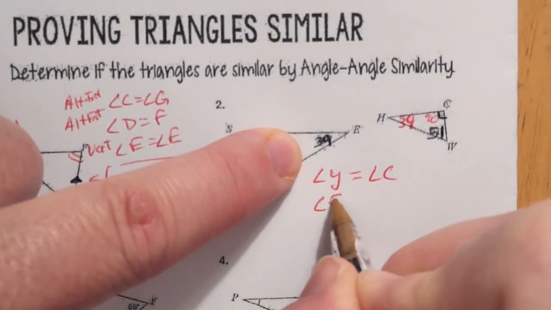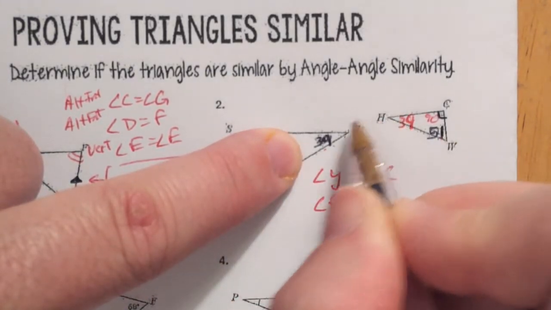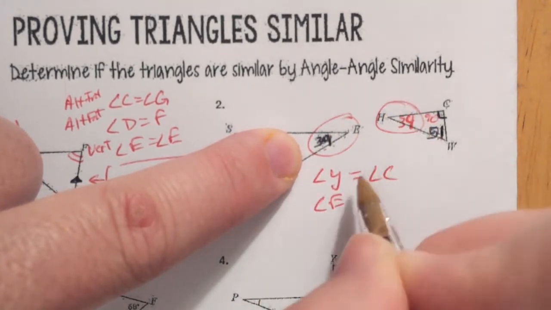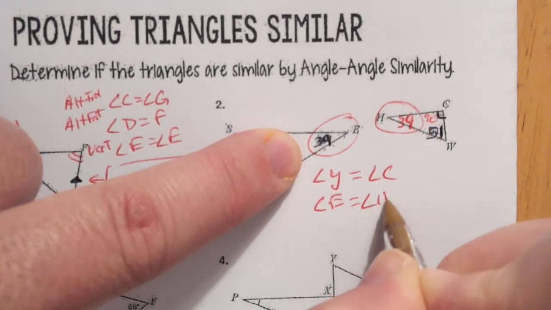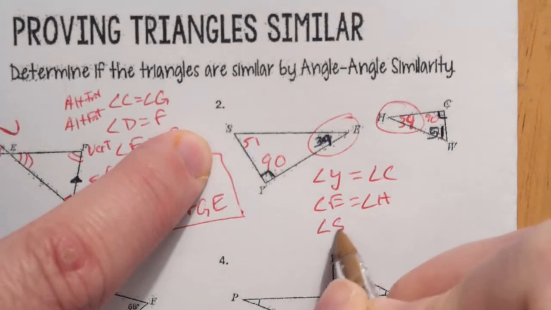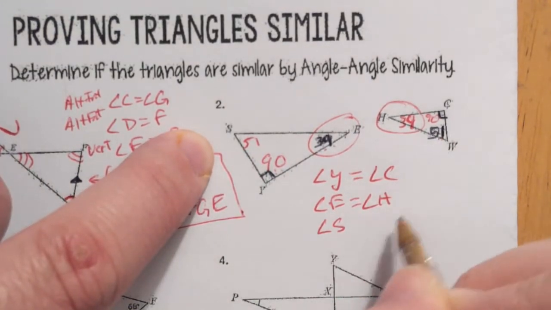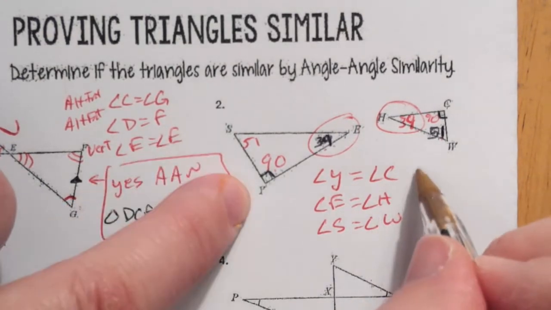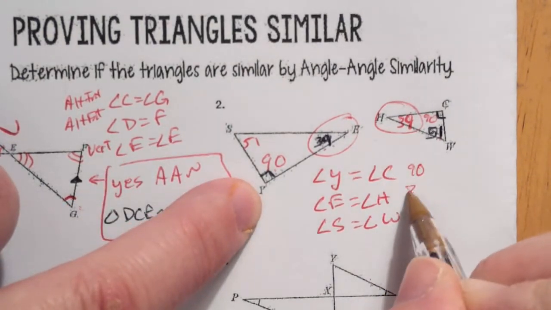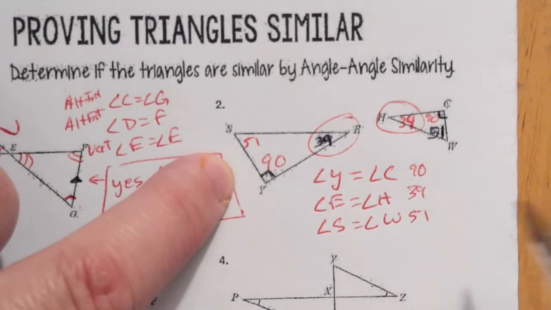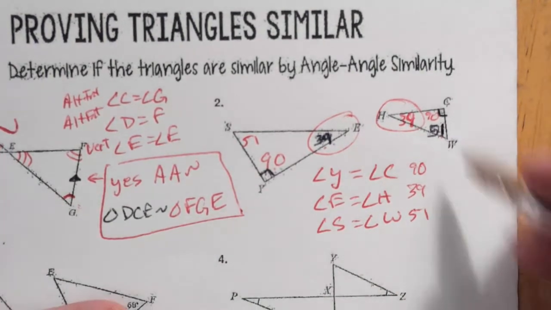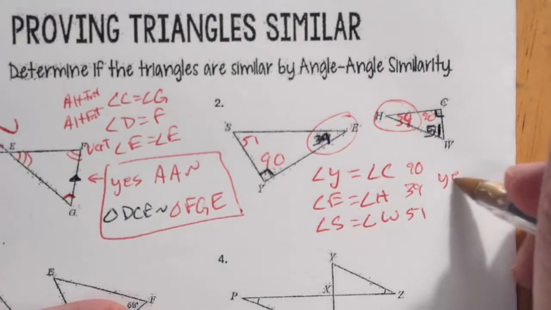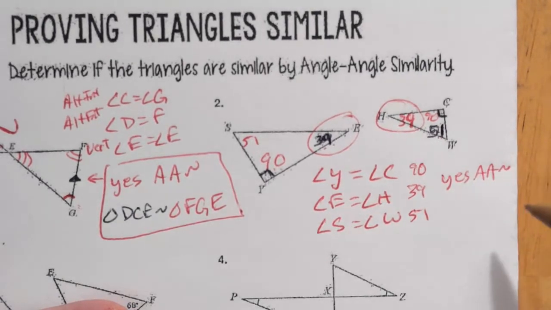I know angle E is 39. I have also an angle E, a 39 on this side, which is angle H. And this triangle, angle S, would be equal to angle W, because this is 90, this is 39, and this is 51. So that works out. Okay, so yes, these are similar because of AA similarity.